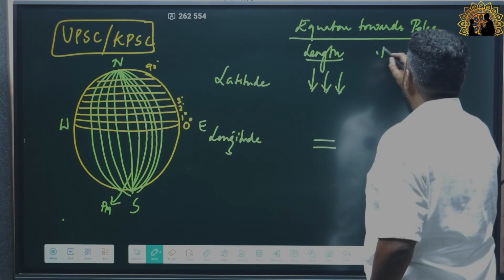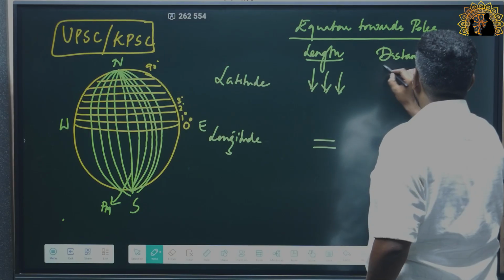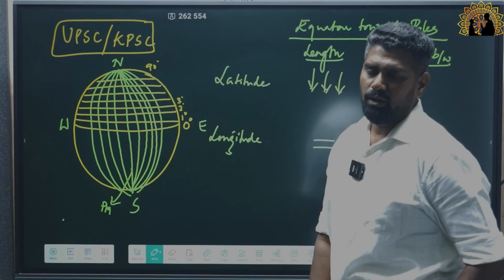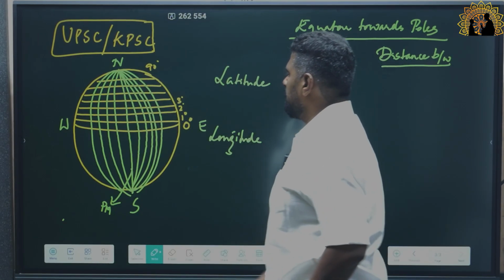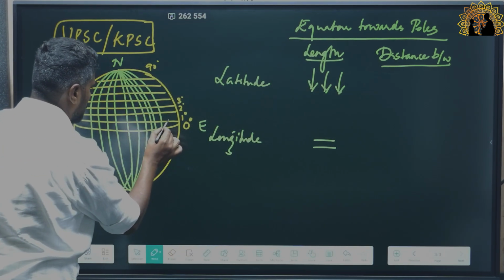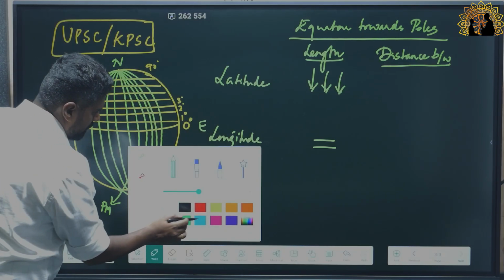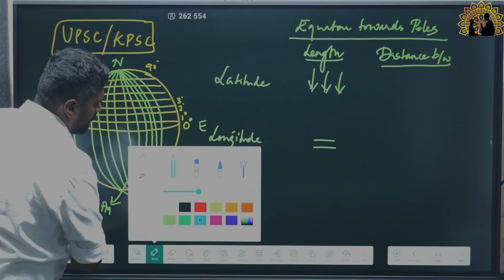Now let me call something the distance between. What do you mean by distance between? Here you can observe the distance between, though there is a manual error since it's a drawing.